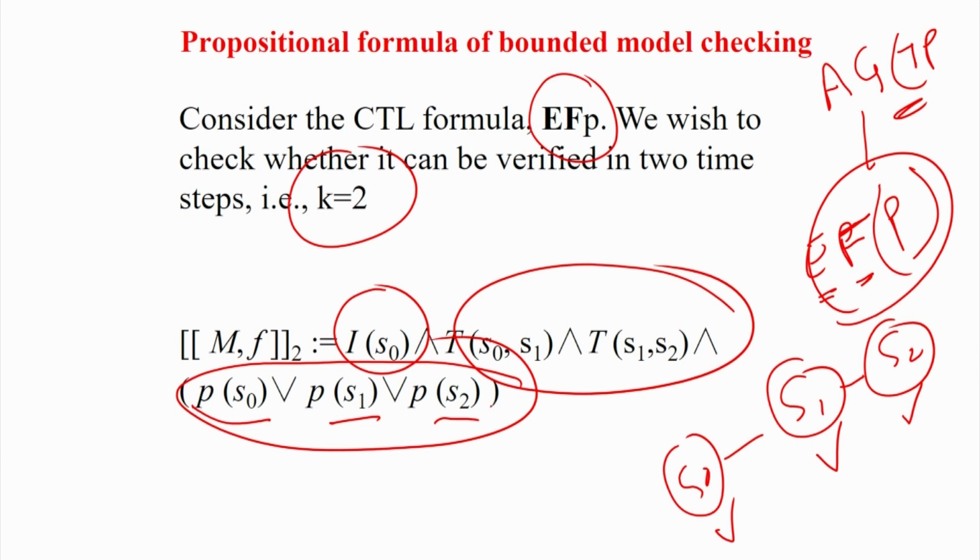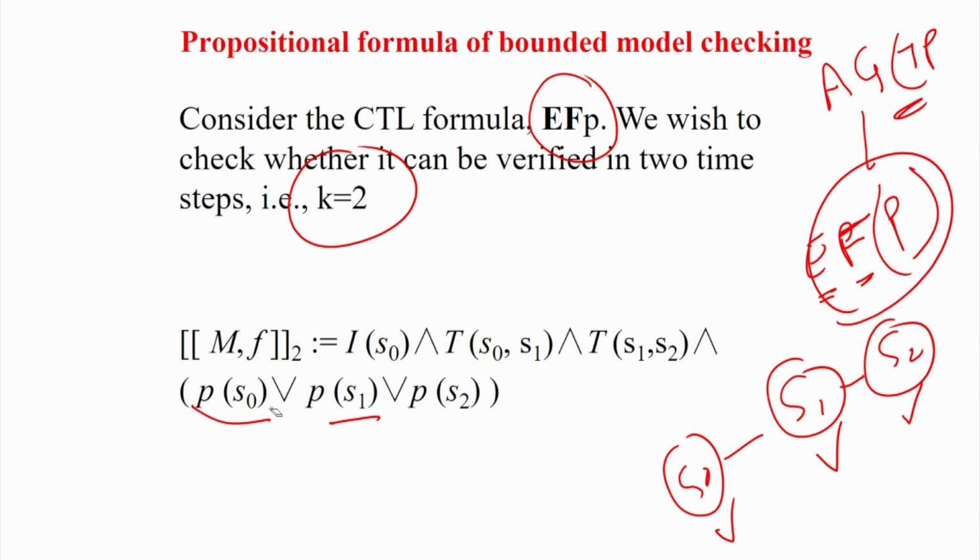So the third clause is going to represent the temporal formula's truth in each of these states. Therefore the initial state should hold, the transition relation should hold in the Boolean formula with some assignments, and any one of these states should have the truth of P. In this case you can then verify this formula is true or a counterexample has been found. So this is the idea.